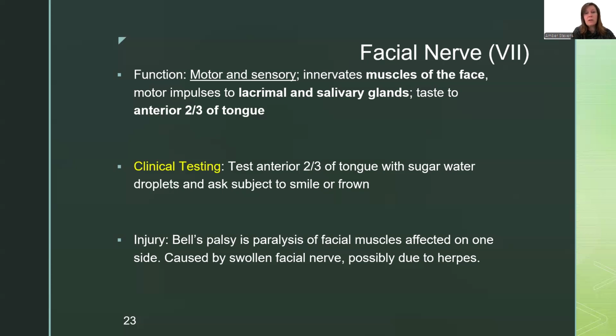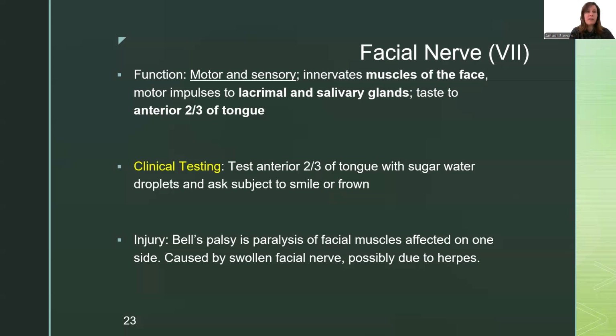The sensory part of this nerve provides taste sensation to the front 2/3 of the tongue. So taste, salivary glands, tears, facial expression is all within the facial nerve.